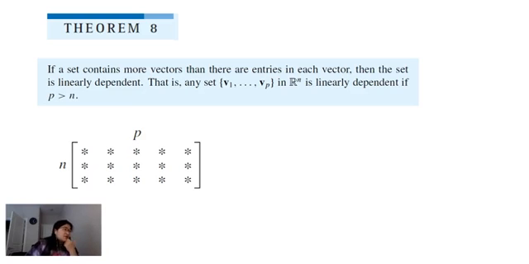So if we have a set that contains more vectors than there are entries in each vector, so if you have vectors in our n space, but you have p vectors and p is greater than n, then any of those sets is going to be linearly dependent, because we almost have too much information.